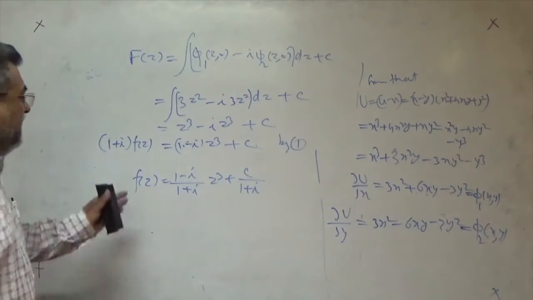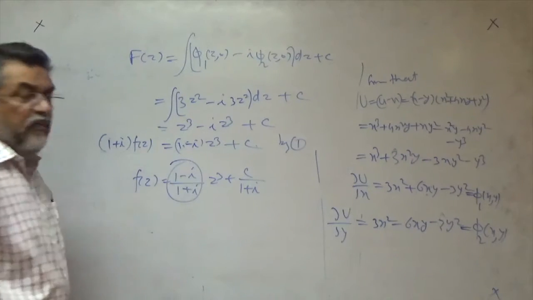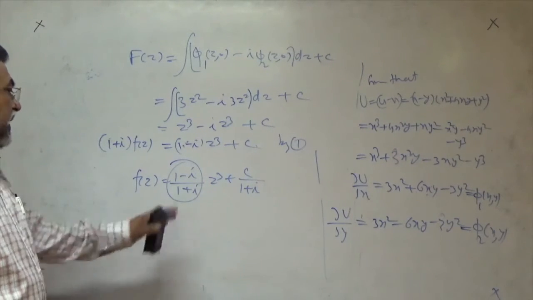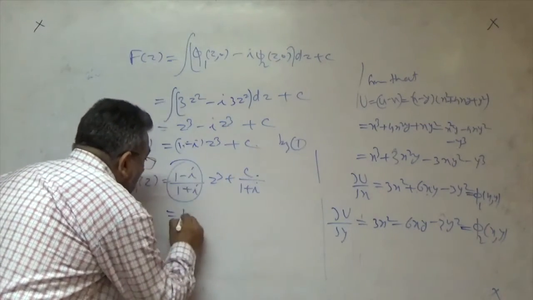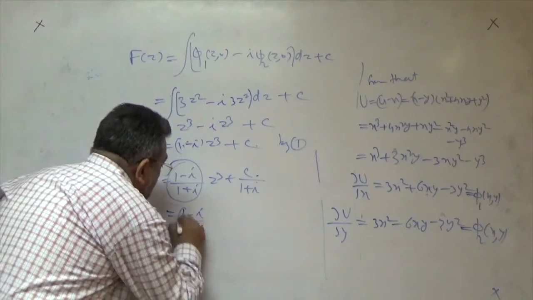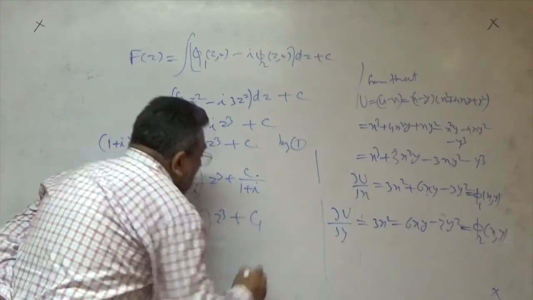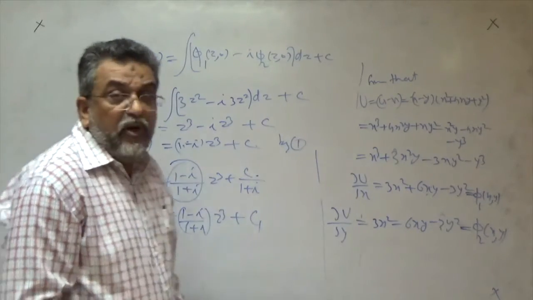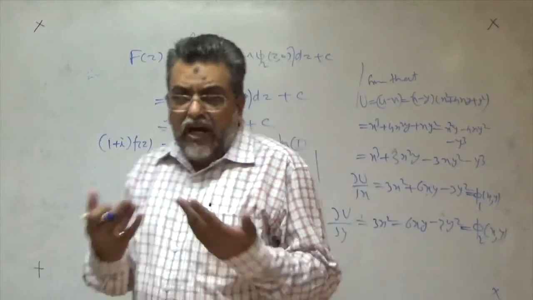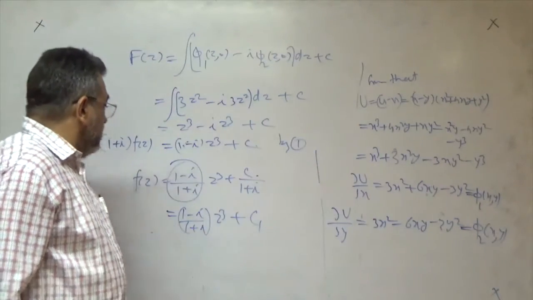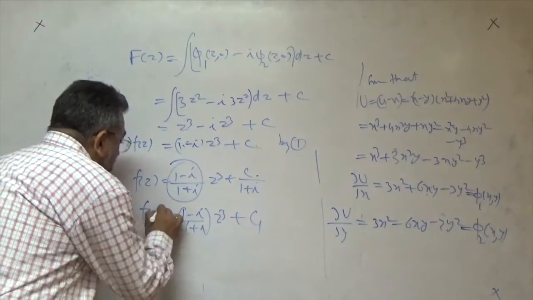Further we can calculate this after multiplying by its conjugate, because you know that i is the square root of minus 1. So we have the formula 1 minus i, 1 plus i into z cube, and we can take c upon 1 plus i as another constant c1, because 1 plus i is also a constant, although it is a complex constant. So we get the required function.